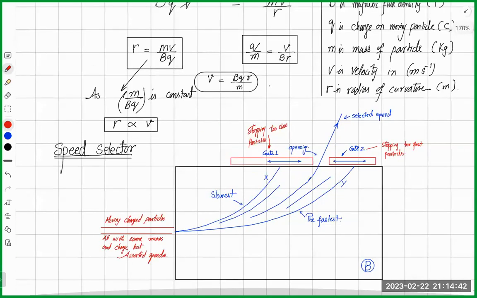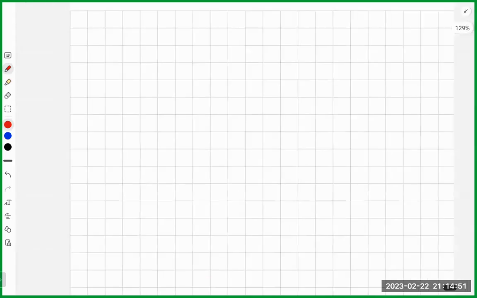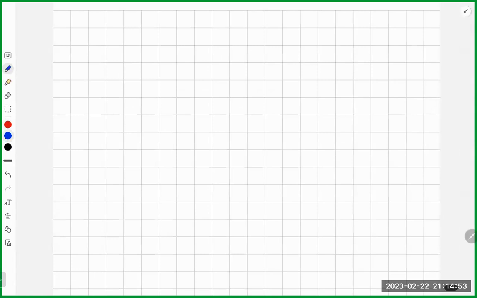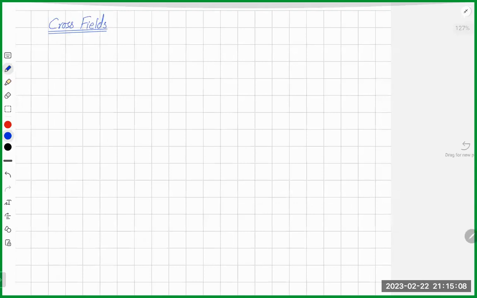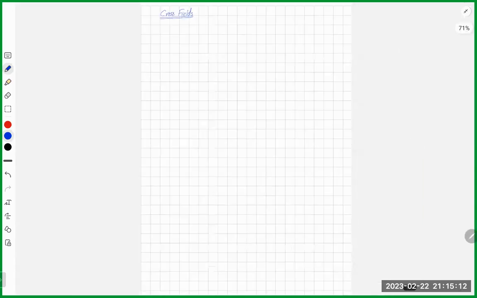So let's do something new now. I will be bringing cross fields now. What are cross fields? Let me save time by copying this diagram from here.